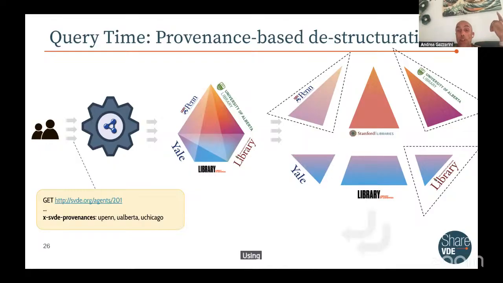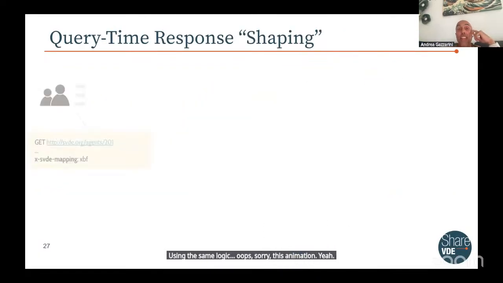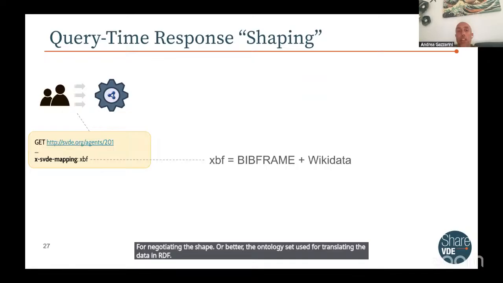Using the same approach, we could have the clients use another header for negotiating the shape, or better, the ontology set used for translating the data in RDF.